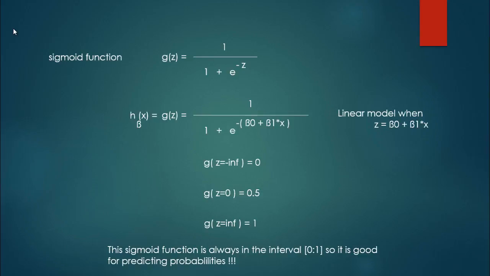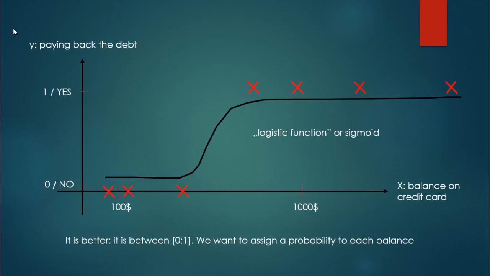For example, if we use a linear model for logistic regression, we come to the conclusion that this g(z) is the same as we have discussed in the first equation, but z is equal to beta 0 plus beta 1 times x, where x is the balance on the credit card.